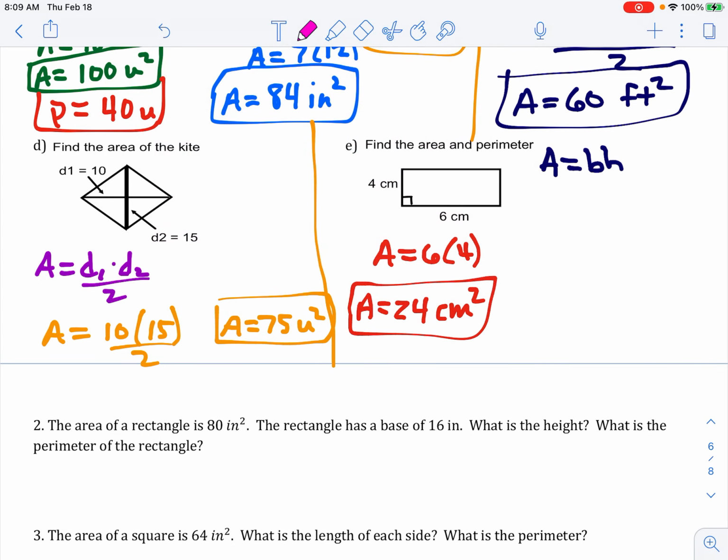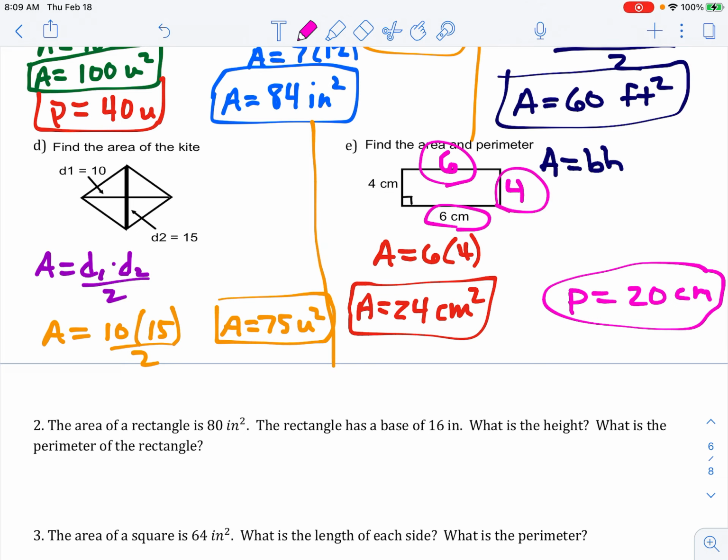Now, to find perimeter, remember, opposite sides are equal, so if that was 4, that's 4, this is 6, that's 6, and now I'm going to add up all 4 sides. Well, if I take 6 plus 4, that's 10, plus 6 plus 4, that's 20. So my perimeter adds up to equal 20. Remember, we're adding all 4 sides that we circle in pink.